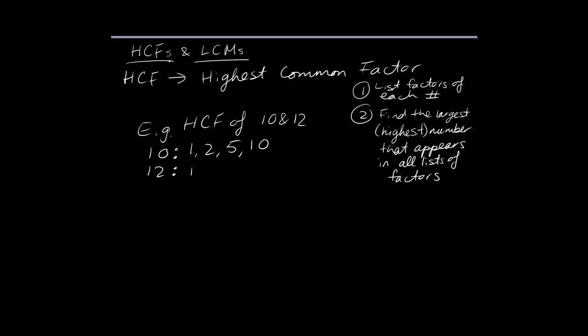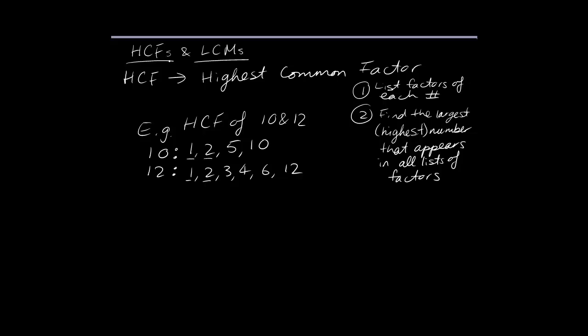Factors of 12: 1, 2, 3, 4, 6 and 12. Now, just looking at these two lists of factors, I can see that the common factors are 1, because it appears in both lists, and 2, which also appears in both lists. No other number appears in both lists. So the common factors between 10 and 12 will have to be the 1 as well as the 2.